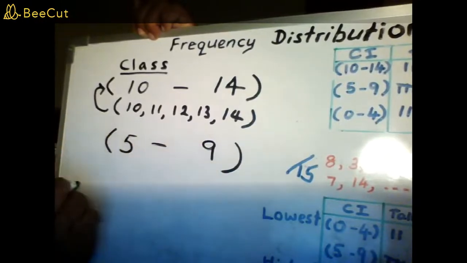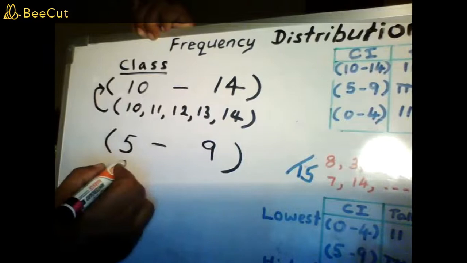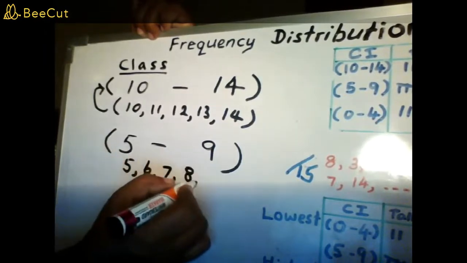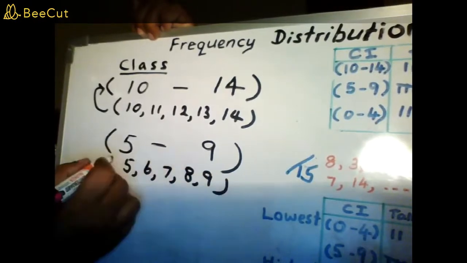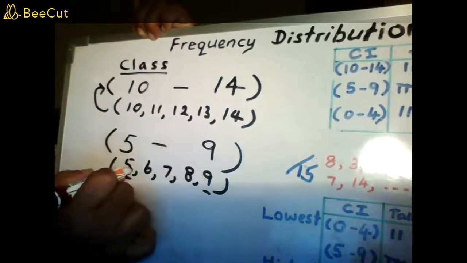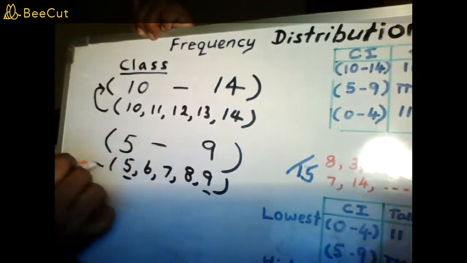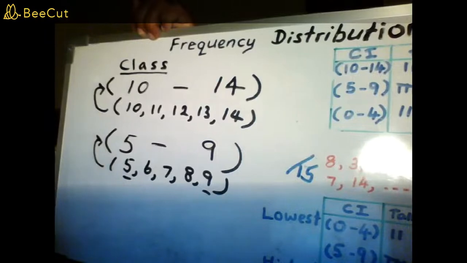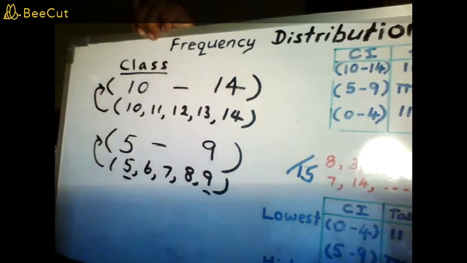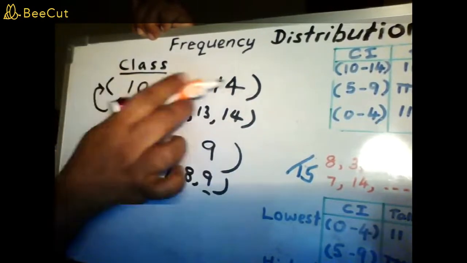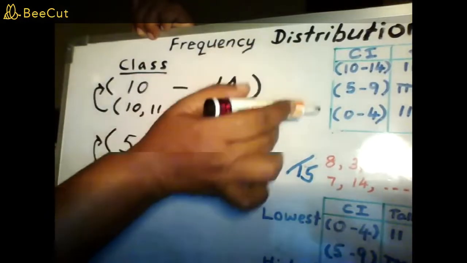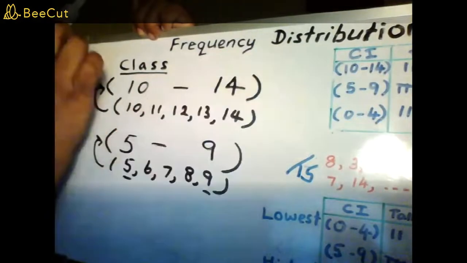What are the values or marks included here? 5, 6, 7, 8, 9. All these marks are included in this class. So a class is a group of marks or a group of observations. There are 3 groups, there are 3 classes.